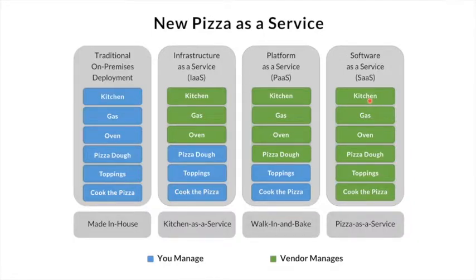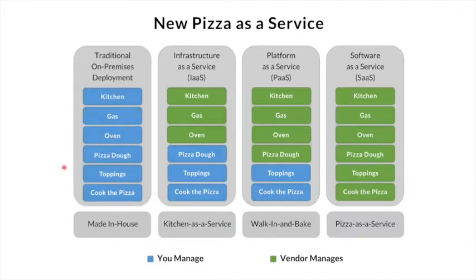It might help if you think of it this way. Take a look at this slide. It's not talking about software, but it's talking about making pizza. If you think of a traditional on-premise deployment, when you're making pizza, every element of the pizza production is in-house.